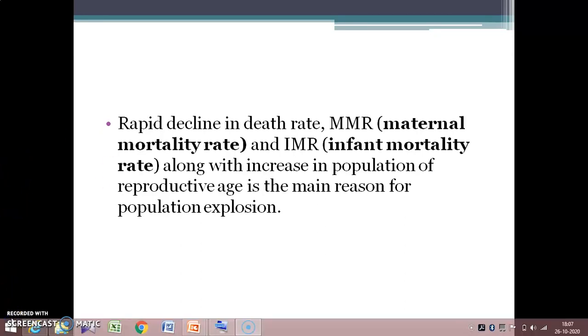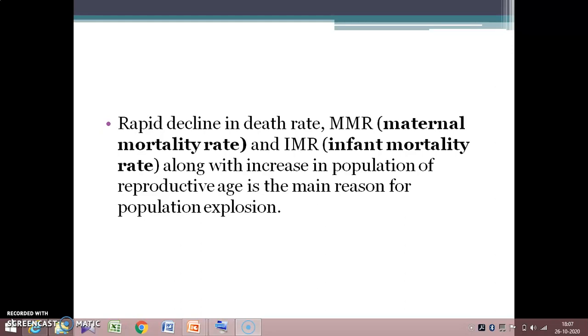Children, according to the 2001 census report, the reproduction growth rate was still around 1.7%, that is in a year. So a rate at which our population could double in 33 years. Such an alarming growth rate could lead to an absolute scarcity of even the basic requirements like food, shelter, clothing.